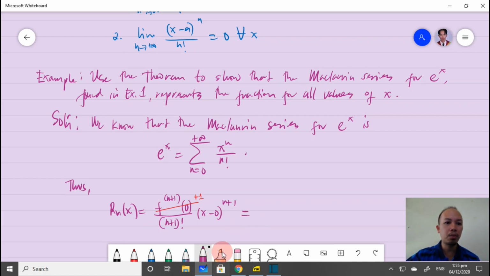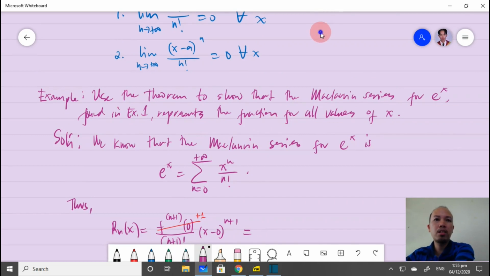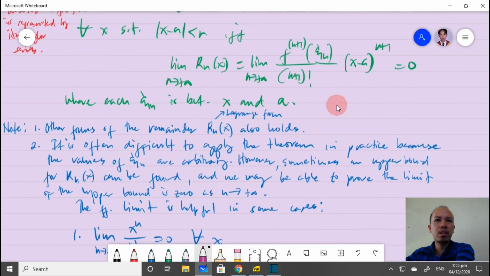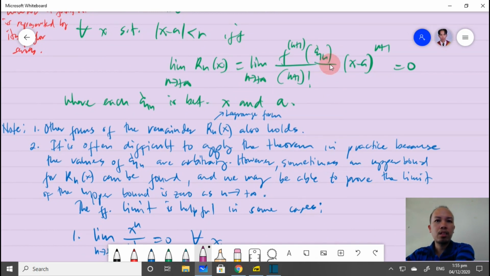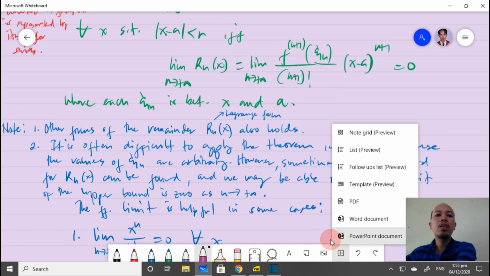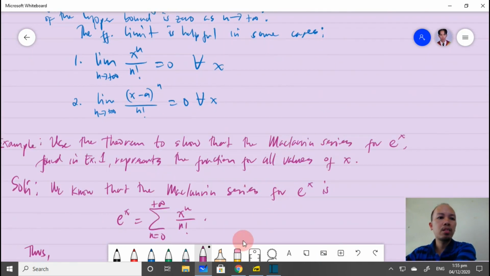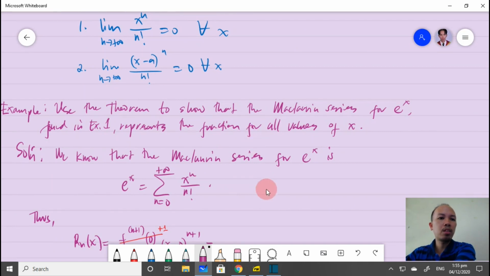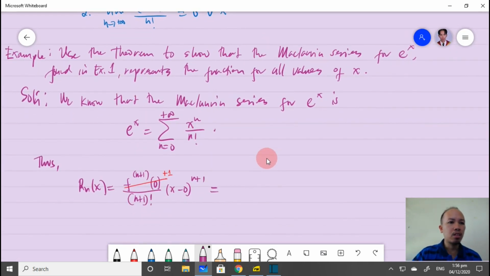Maybe we have to wait for the program to respond. This is psi sub n, then x minus 0.